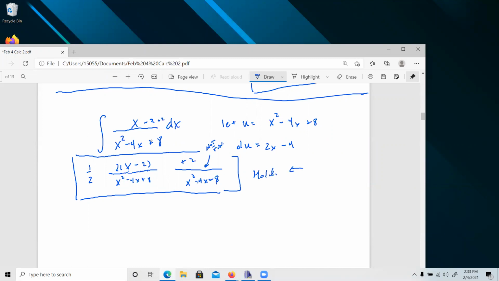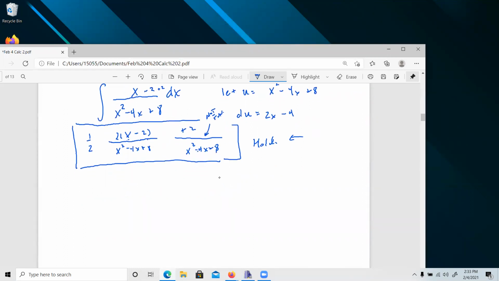All right, so let's see what else we can do with this thing. What if I did the complete the square thing first? Because we're going to have to do it anyway, right? So why don't we say we have x squared minus 4x plus 8. Our middle term is negative 4. Middle term divided by 2 is negative 2. And b over 2 squared is equal to 4.